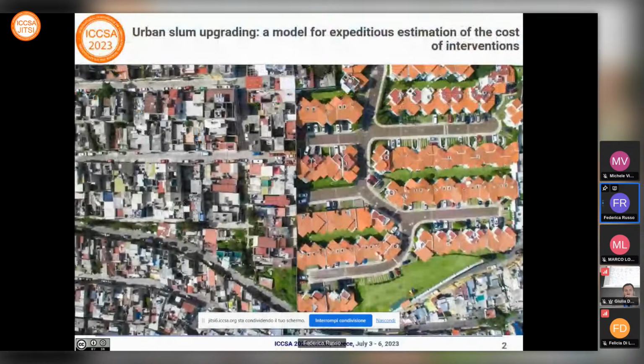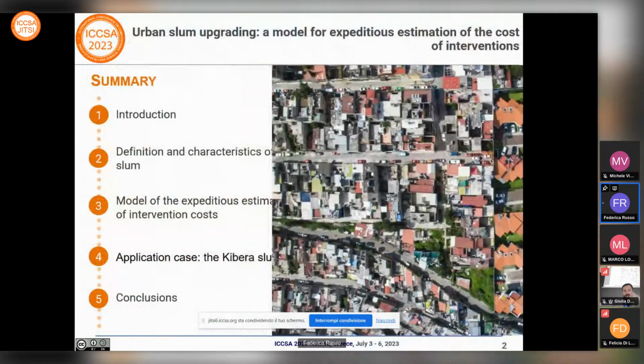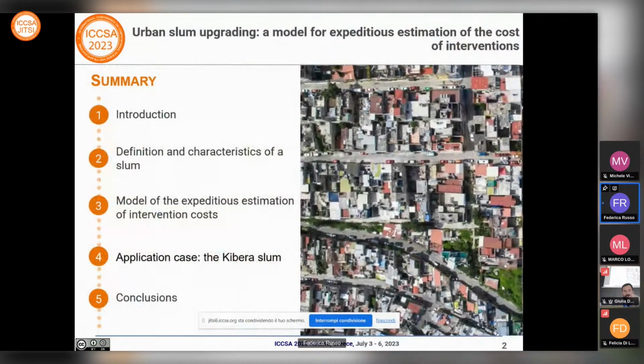The paper is structured as follows: an introduction on the phenomenon of slums in the world, the definition and the characteristics of a slum, the model for expeditious estimation of the cost of redevelopment interventions, the application case concerning the Kibera slum that will be introduced by my colleague who had hands-on experience in the field, and conclusions.